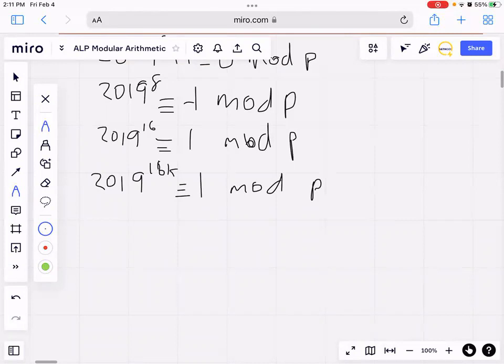And then we're going to use Fermat's little theorem, which states that for any prime p, a to the power p minus 1 is congruent to 1 mod p.